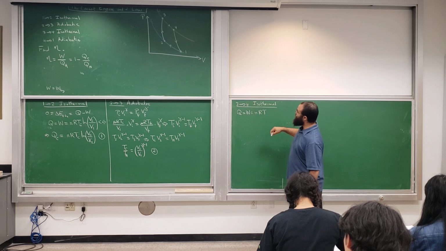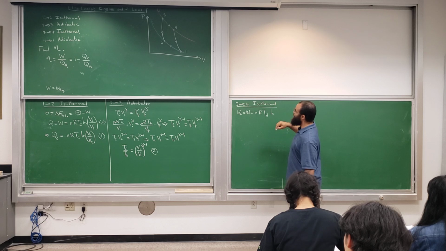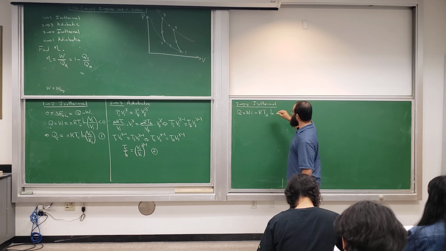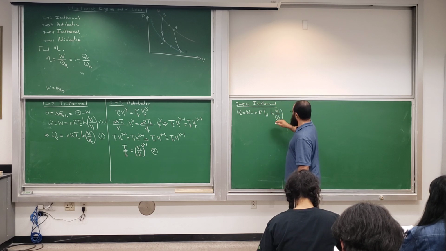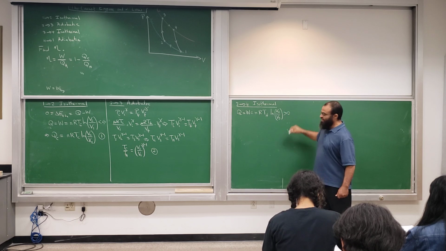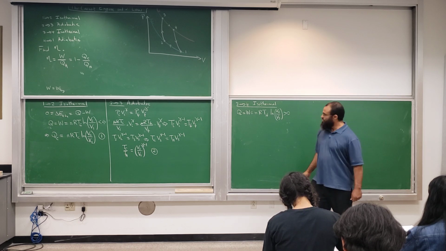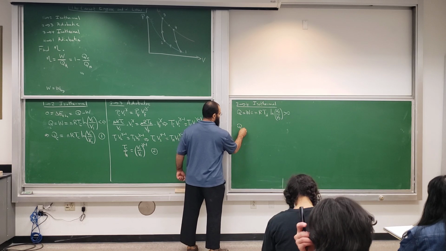From 3 to 4 it's hot. nR TH ln of V4 over V3, right? And this is going to be positive. Good. So this is heat that enters the system. So this is QH.